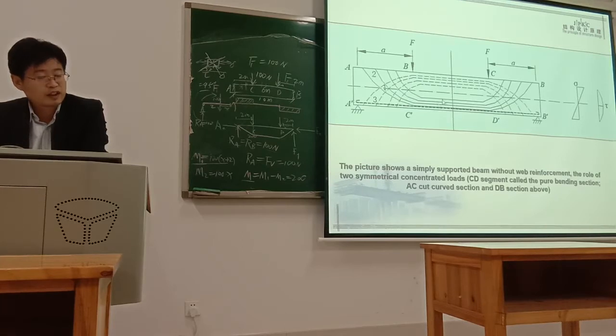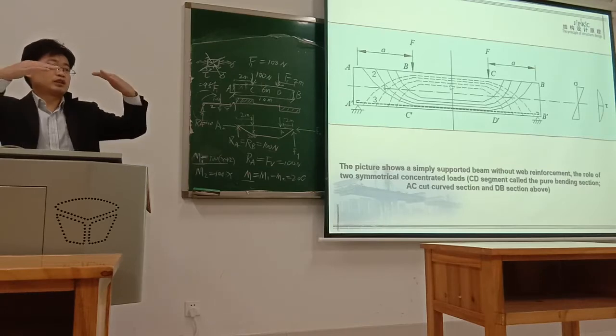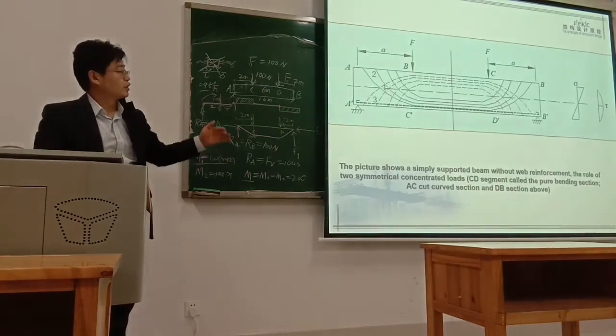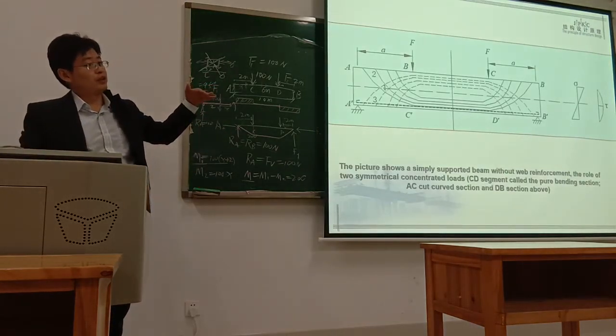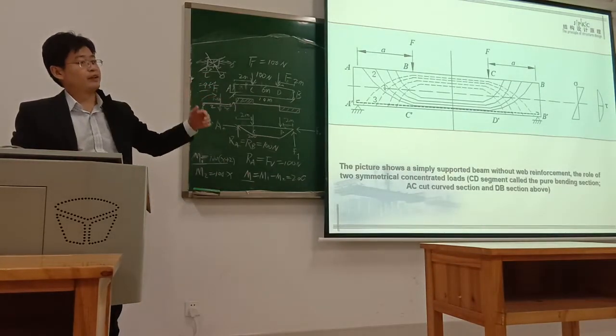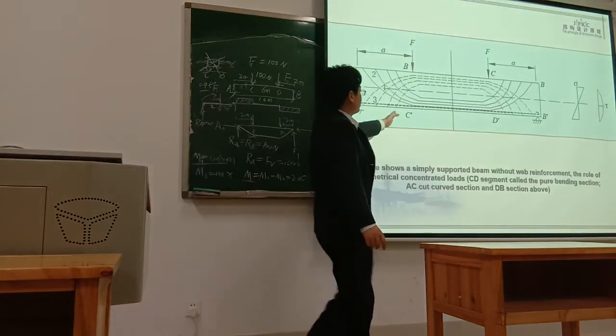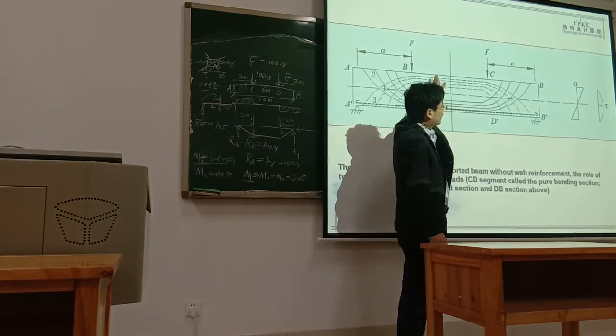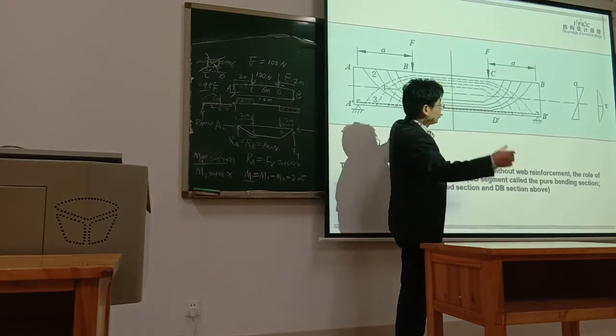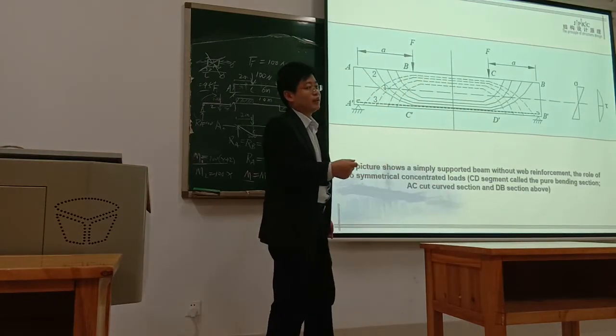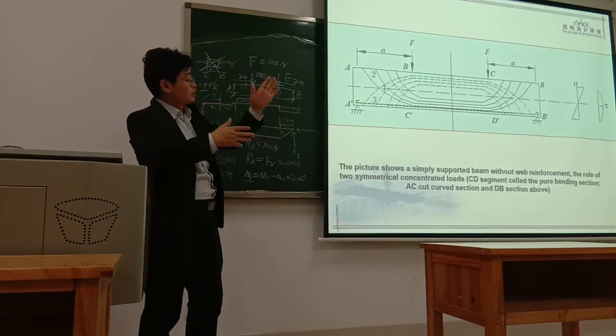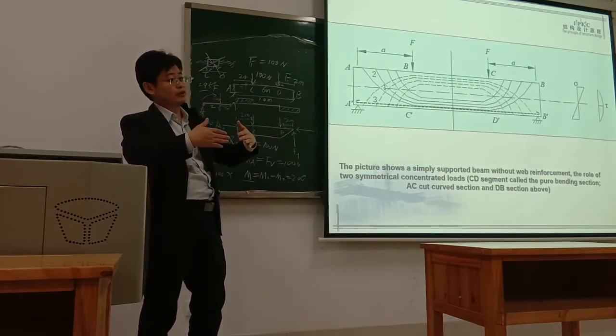In the low part is the tension and the upper part is the compression, but it's all perpendicular to your section. It's parallel to your span. If you cut this beam at any position, all this stress is just perpendicular to your section, because in this CD part, there's no shear force.